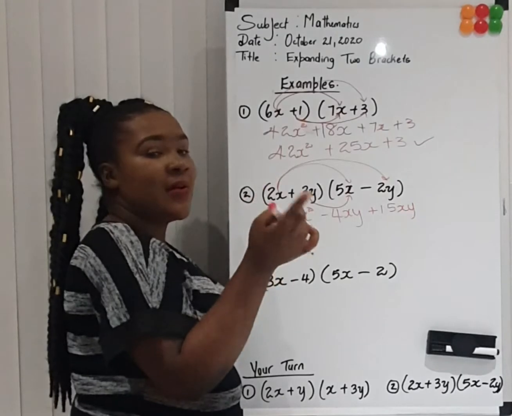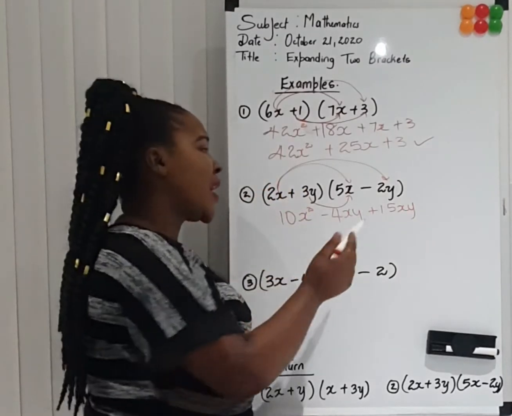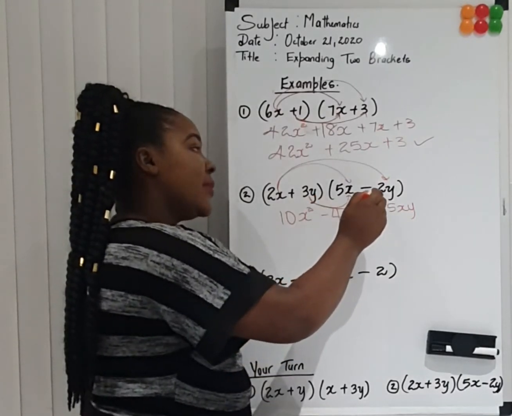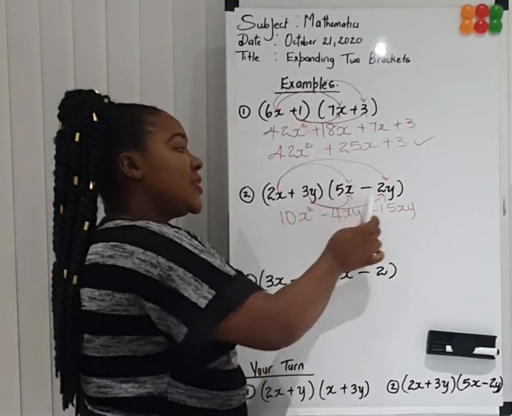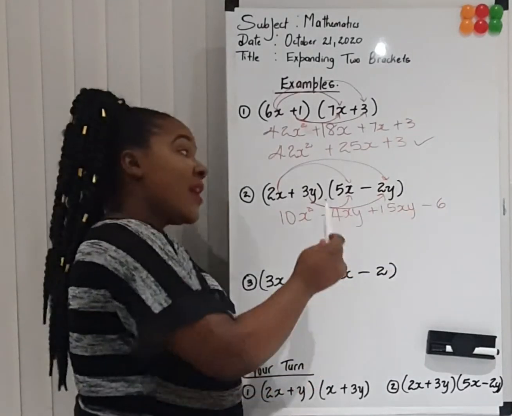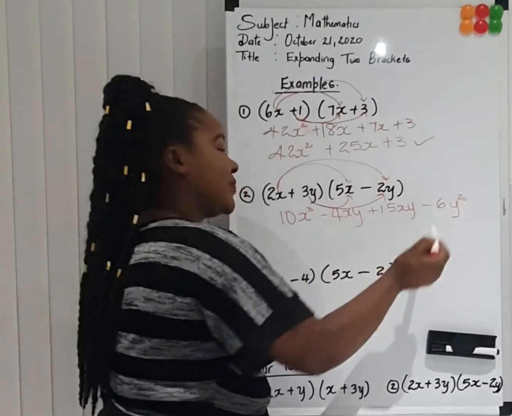It doesn't matter whether you say xy or yx, they are the same. Then we go with the same 3y and do the other term, 3y times negative 2y. So 3 times negative 2 is negative 6, and y times y is y squared.